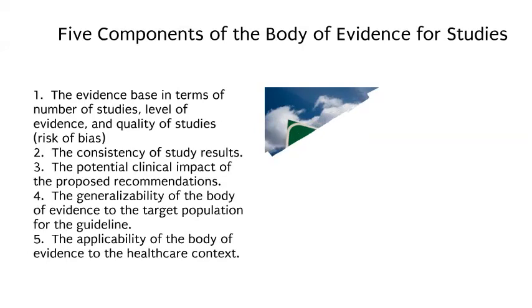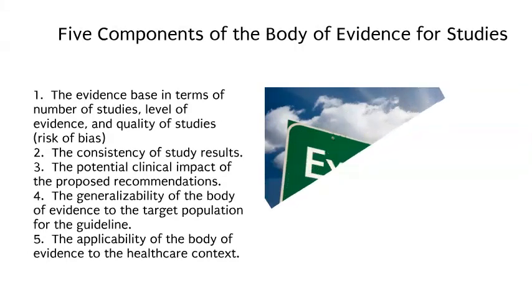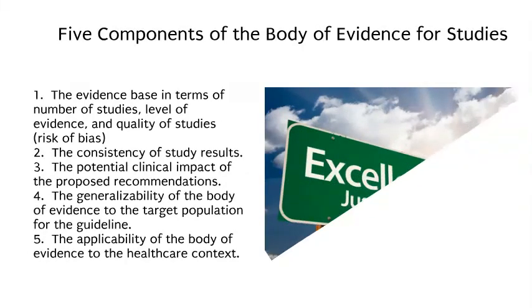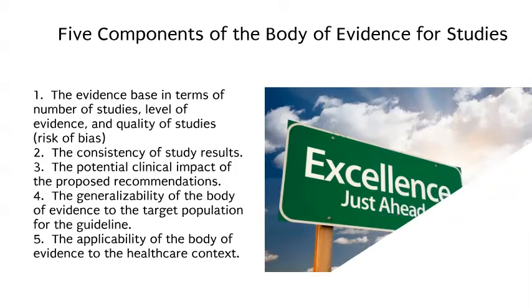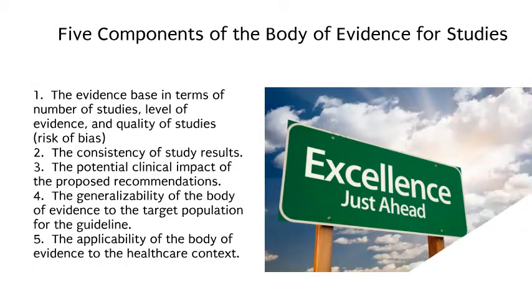First, the evidence base in terms of number of studies, level of evidence, and quality of studies, or risk of bias. Second, the consistency of study results. Third, the potential clinical impact of the proposed recommendations. Fourth, the generalizability of the body of evidence to the target population for the guideline. And fifth, the applicability of the body of evidence to the healthcare context.